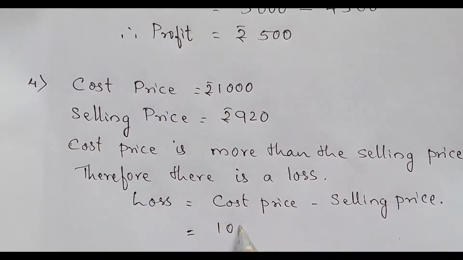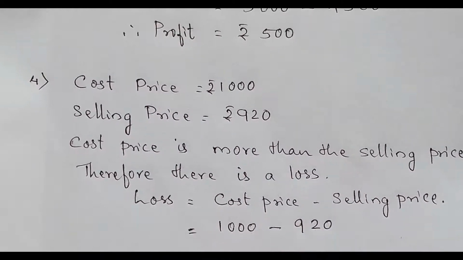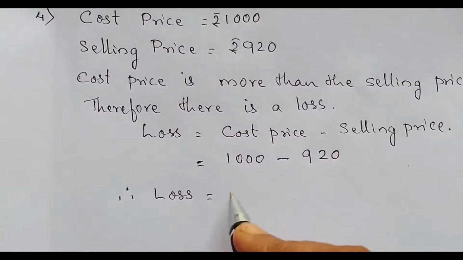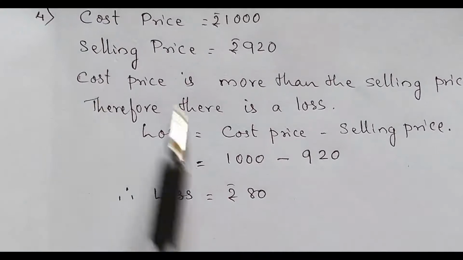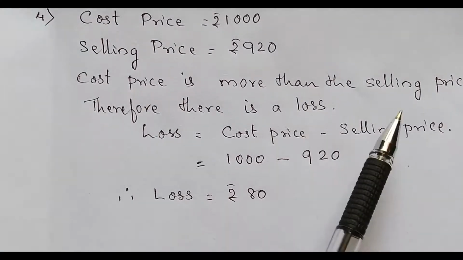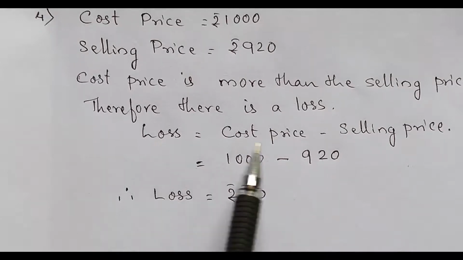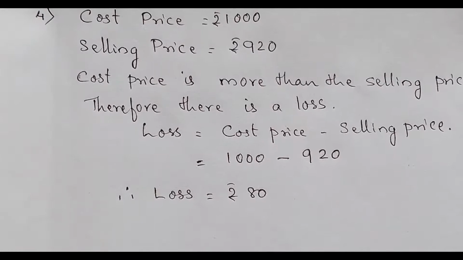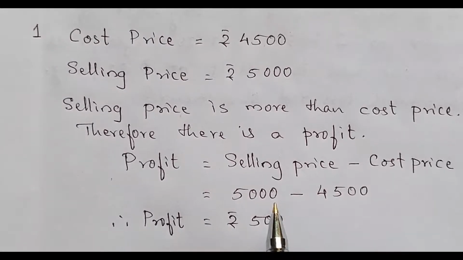That is 1,000 minus 920. Therefore loss is equal to rupees 80. So when the cost price is more than the selling price, there is a loss. And loss is equal to cost price minus selling price. Please complete the remaining questions using the same method.